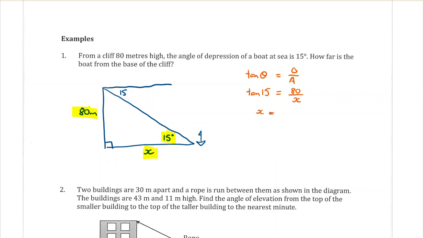So X equals 80 over tan 15. And then you just need to type that into your calculator. Keep an eye on your question to see if it tells you where to round it, because often it will. This one doesn't. So I just went to 2 decimal places and I got 298.56 meters to 2dp. Okay, everyone okay with that question?